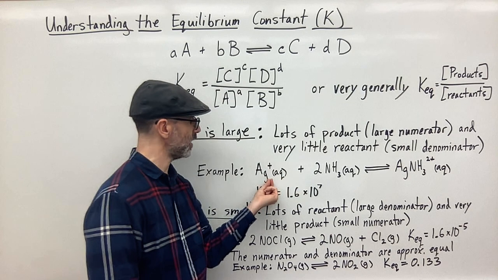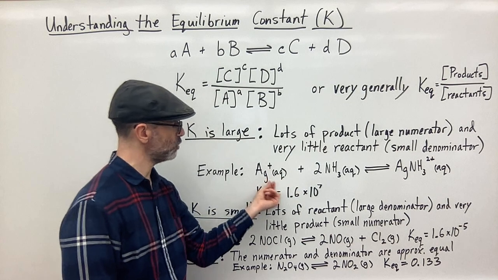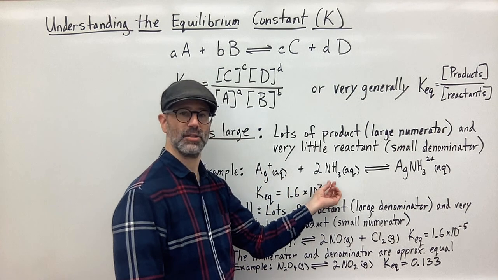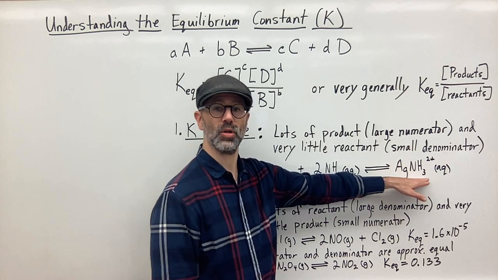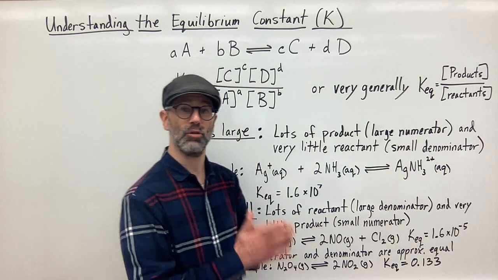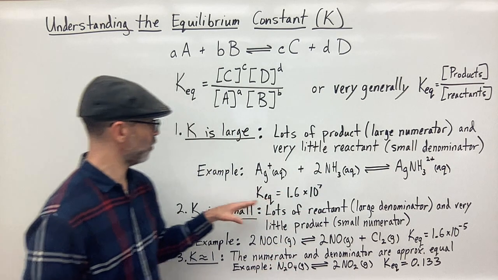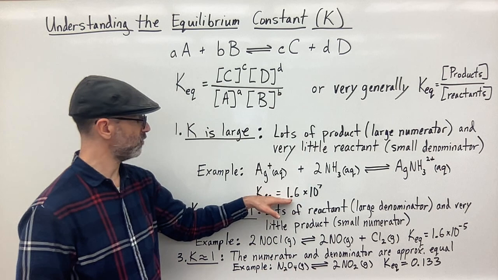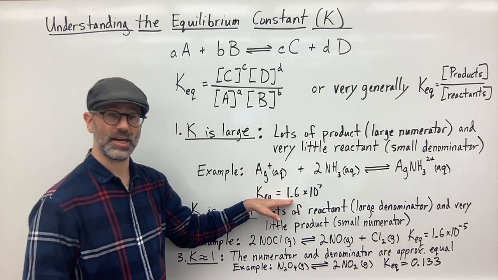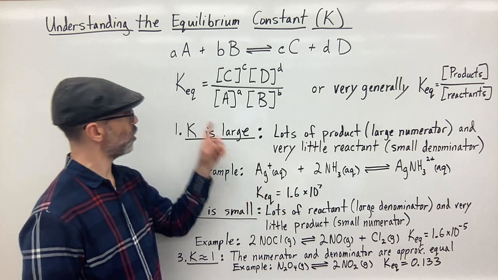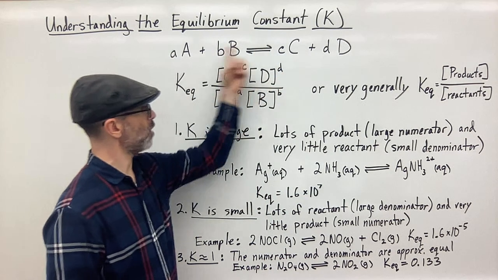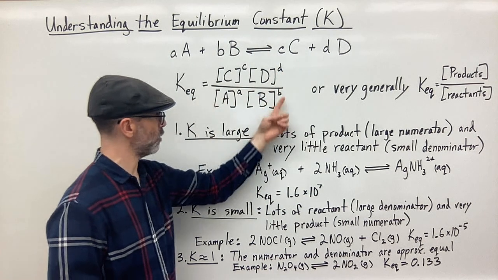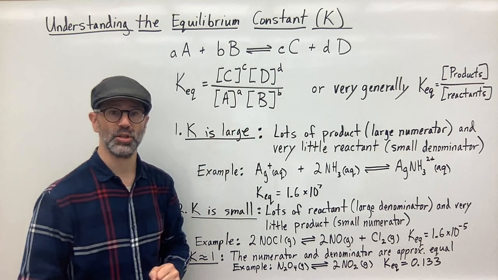So you're going to have a tiny amount of this in solution and a tiny amount of this in solution compared to a whole lot of this in solution at equilibrium. Okay, so that's what the KEQ means here for this reaction. This is very large, so we have a lot of products at equilibrium and very tiny reactants at equilibrium.